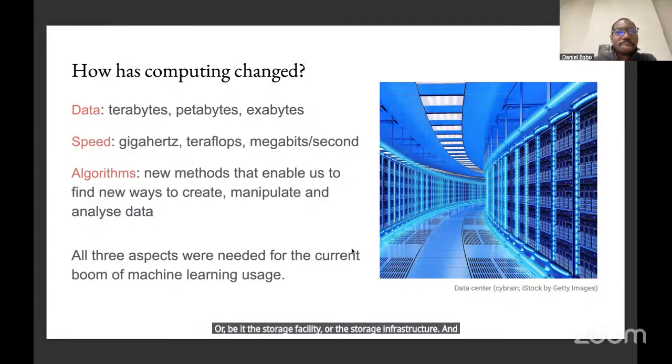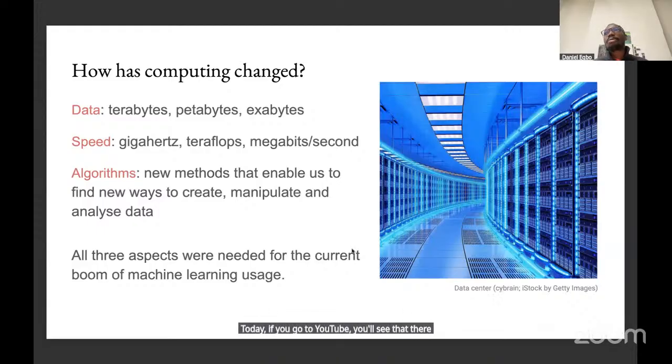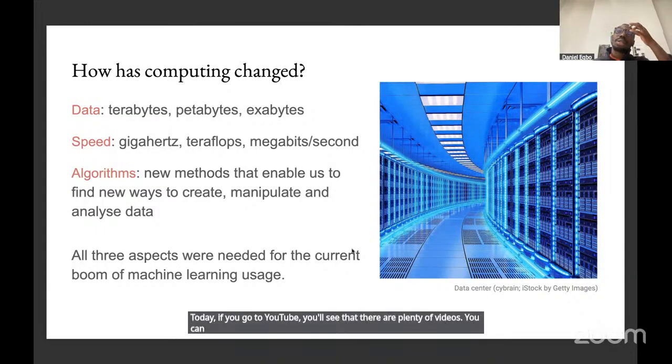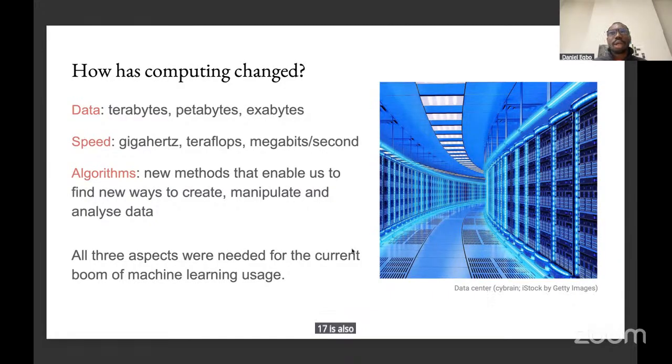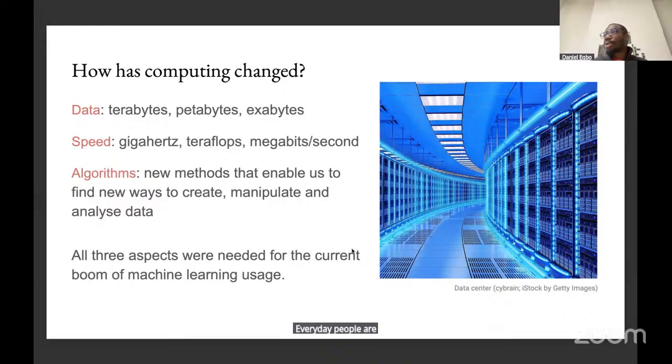What it means is that we now have tons of data. Today, if you go to YouTube, you'll see that there are plenty of videos. You can learn 1,001 things, anything you can think of. You go to TikTok, same thing, because that is entertainment. You talk about science, every day people are collecting data. Where are you storing this data? What are you going to use this data for?